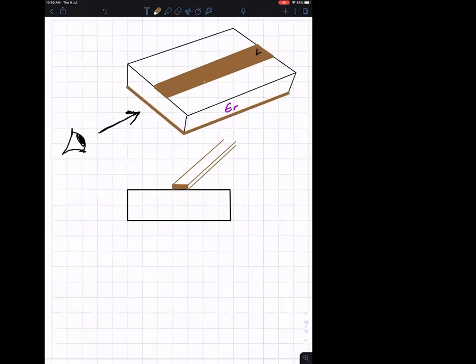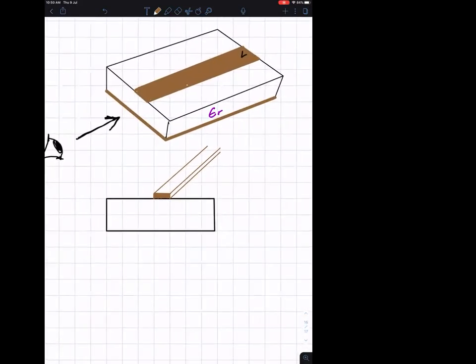Okay, I think that's good enough. Let's say this is the microstrip. It's a strip, the copper strip.